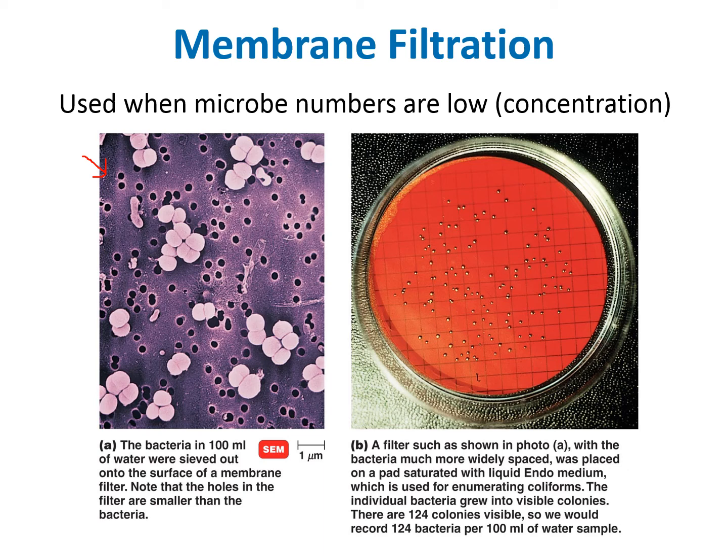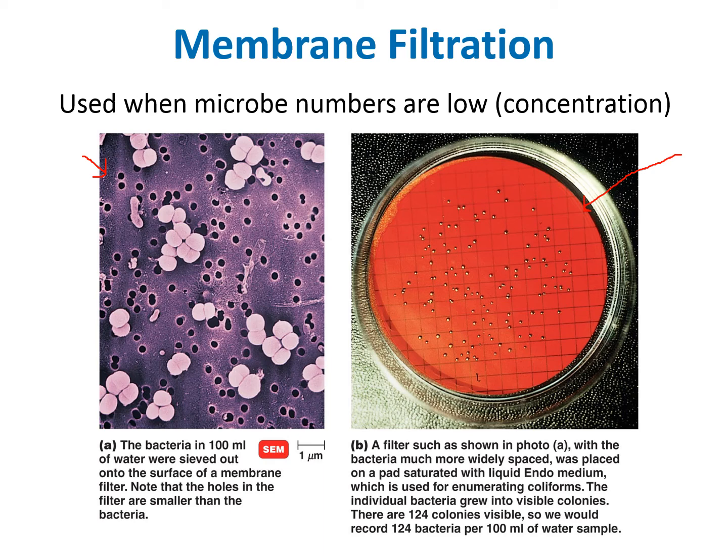In this example, you would take 100 milliliters of pond water, lake water, ocean water, what have you, and you would pull it through this filter using a vacuum. The bacteria would be retained on top, and water would flow through the bottom. Then you take that filter, put it into a petri dish with growth medium, and incubate the cells.